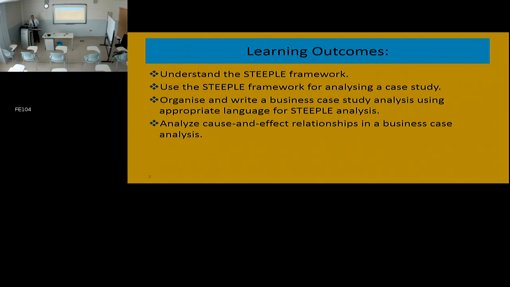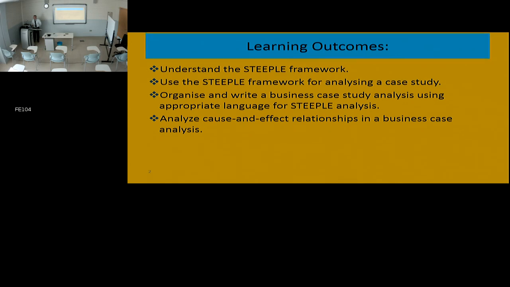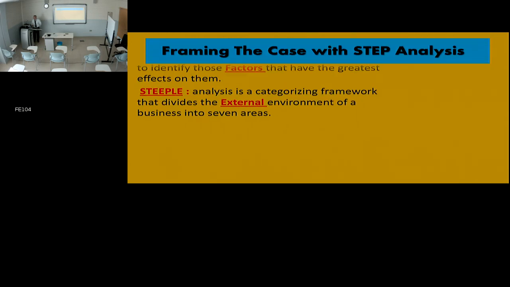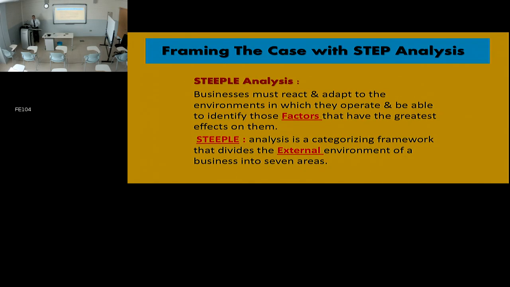It is applicable only if you have a place and a business. If you have what? A place and a business. If you have a place and a business, it's applicable. You can apply this kind of analysis. STEEPLE analysis consists of 7 key factors, or 7 elements, 7 areas or 7 factors that we deal with.